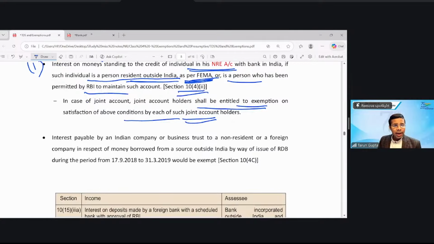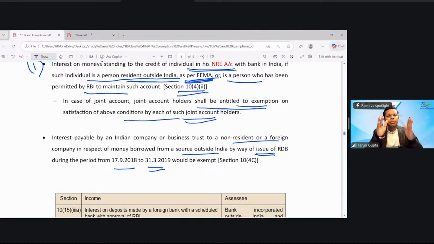Second is interest payable by an Indian company or business trust to a non-resident or a foreign company in respect of money borrowed from a source outside India by way of issue of RDB, rupee denominated bond, during the period from 17th September 2018 to 31st March 2019.